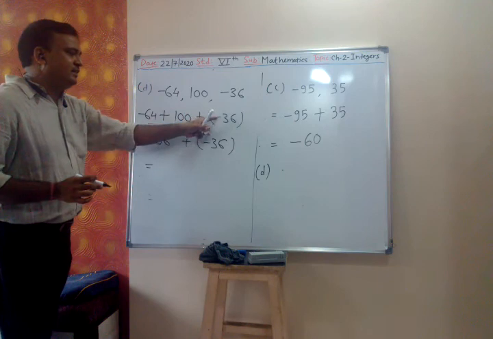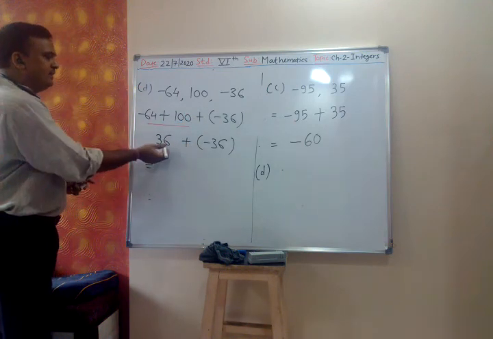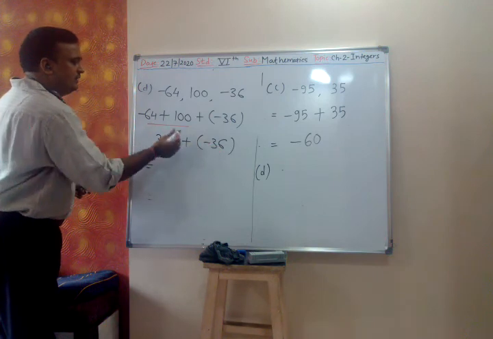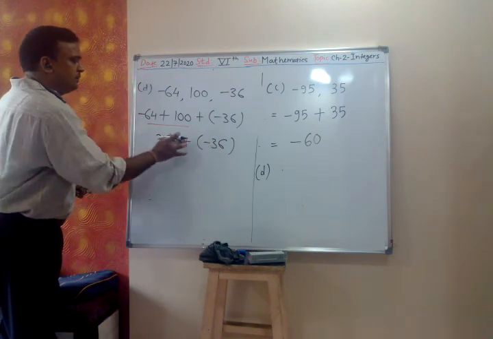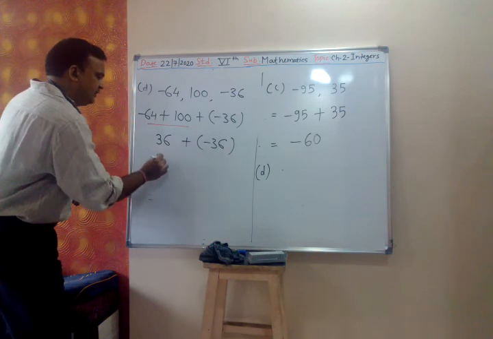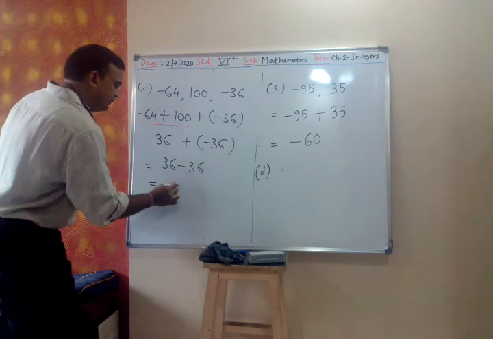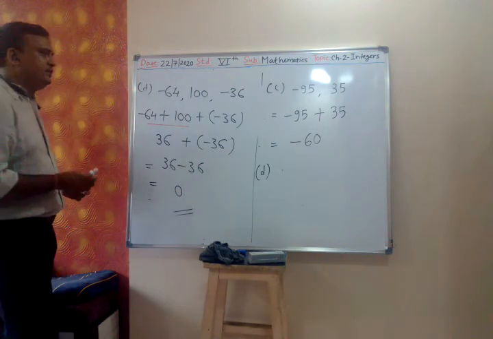Then 36 plus minus 36. The sign of this 36 is plus and sign of this 36 is minus. They have opposite sign, so we have to subtract. So 36 minus 36, answer is 0.